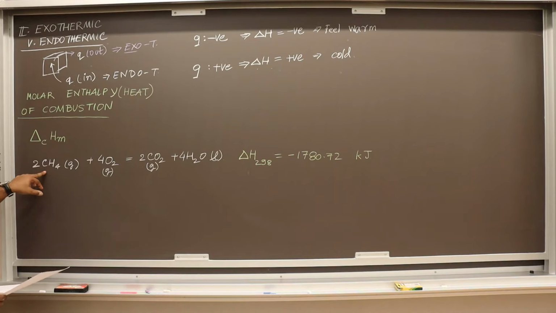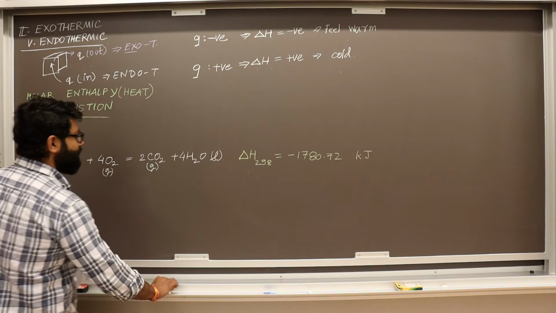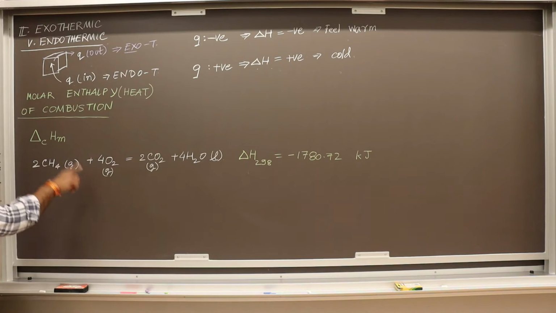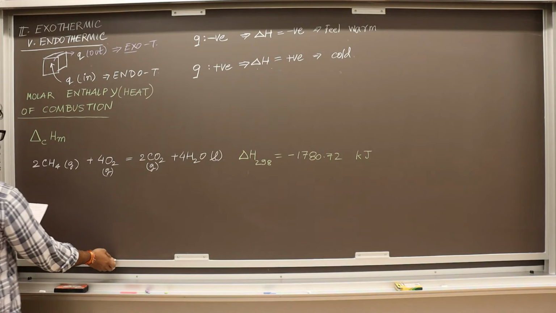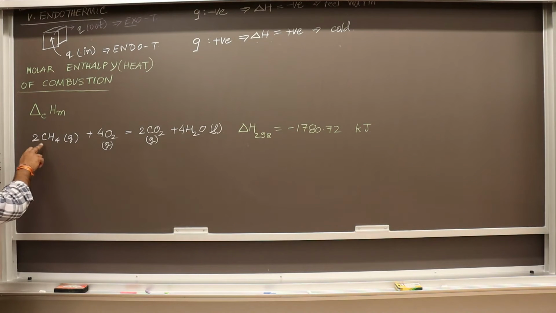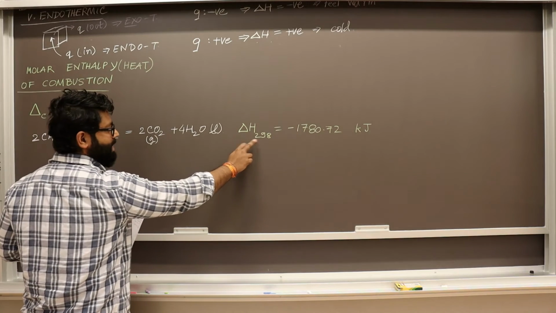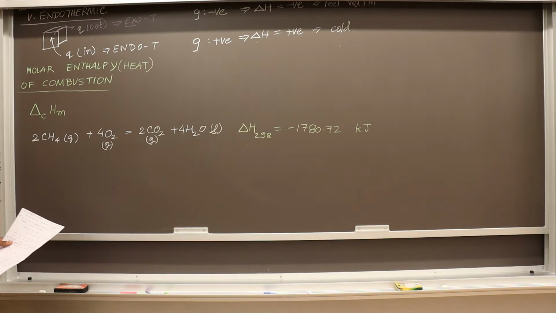So if we want to calculate the molar enthalpy of combustion of methane, we have to find out the energy change of burning 1 mole of methane. So the delta H value for this reaction, if you have 2 moles, is minus 1780.72 kilojoules.